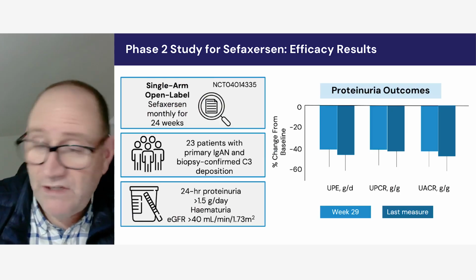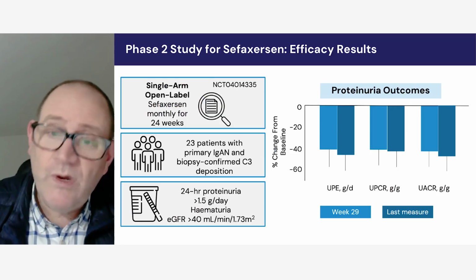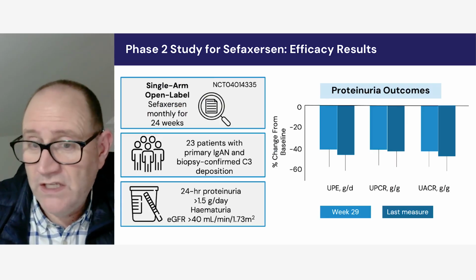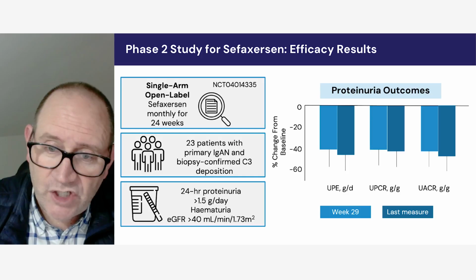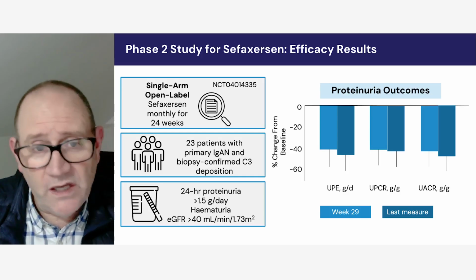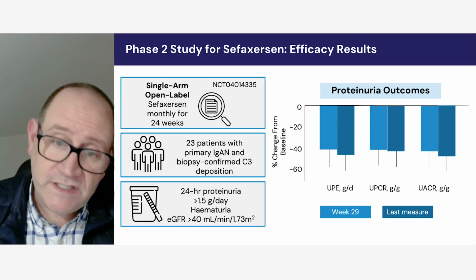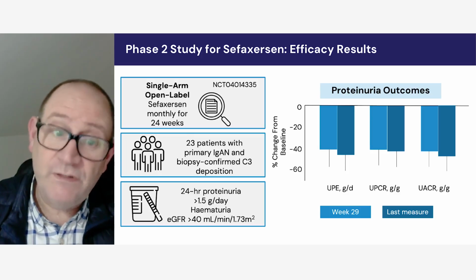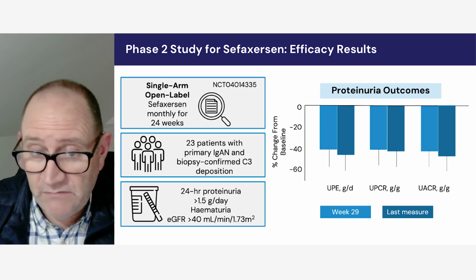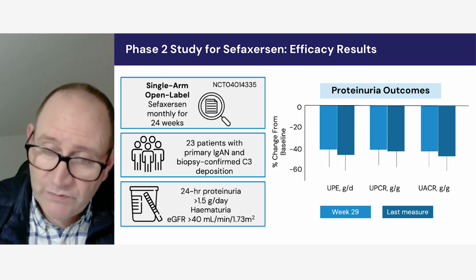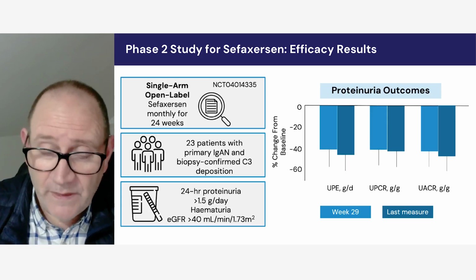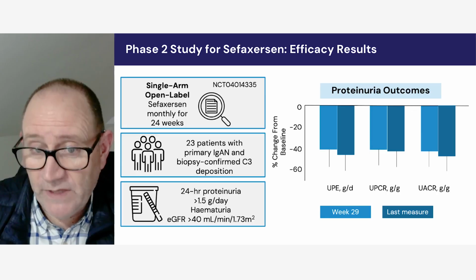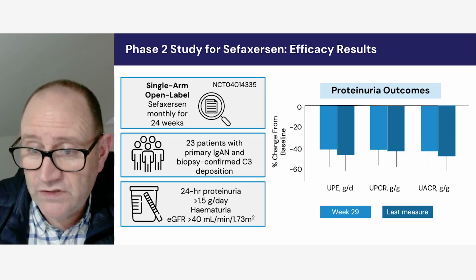Now, we don't have any phase 3 data yet, but we do have a recent article published looking at the early phase data for use of cefaxacen in IgA nephropathy. It was a single-arm study, and what you can see here is that treatment with cefaxacen effectively reduced the plasma levels of factor B and the levels of activated factor B, Ba, and there was an associated reduction in proteinuria in these IgA nephropathy patients.